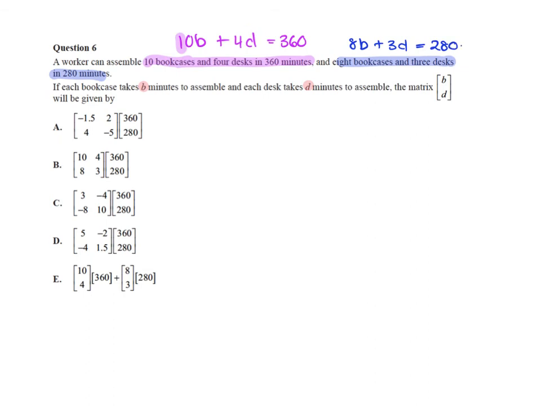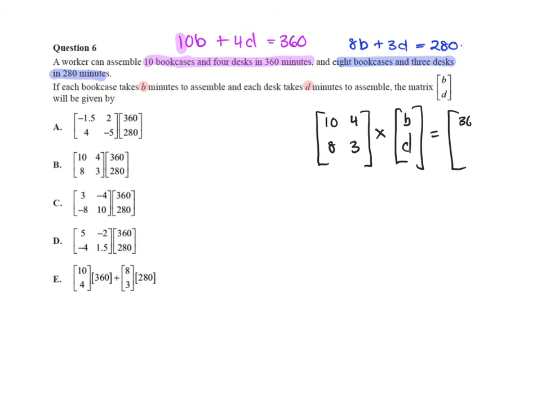So if I go to set that up in matrix form, it would be 10 and 4, 8 and 3 times B and D equals 360 and 280. Okay, now they want you to show which one of these answers down here, which one of these setups could you use to solve it.